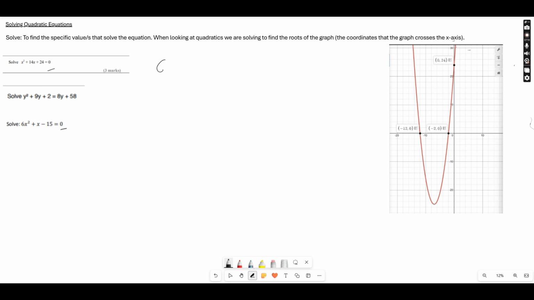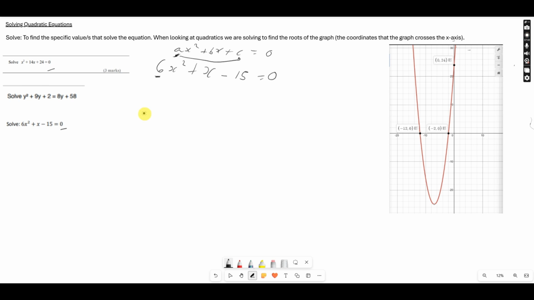So we've got 6x squared plus x minus 15 equals 0. The method to deal with when you've got a coefficient in front is what I call the a times c method. If you think about it as ax squared plus bx plus c equals 0, to deal with this a, when it's a number and not just x squared, we multiply these two.